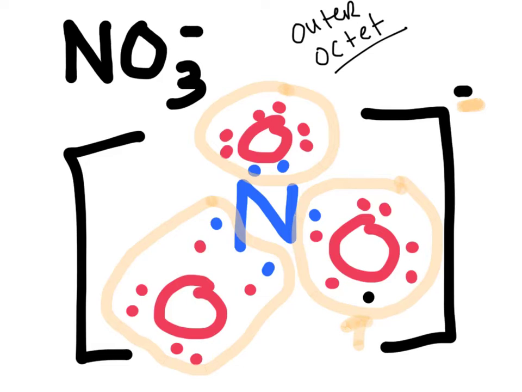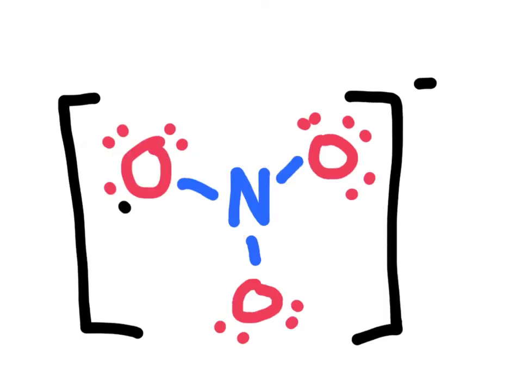Okay? Now I can also draw the nitrate ion like this. Remember that a line represents 2 electrons, so I could have it drawn like this. I still added that other electron in there, and some diagrams that you will see will not have these extra electrons around them showing that they're there.